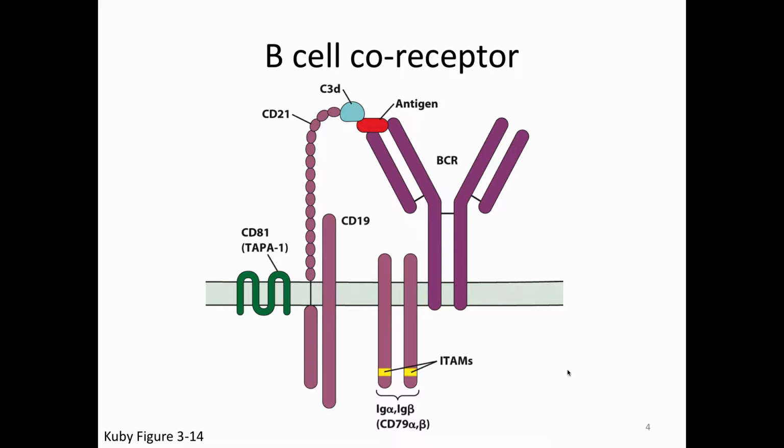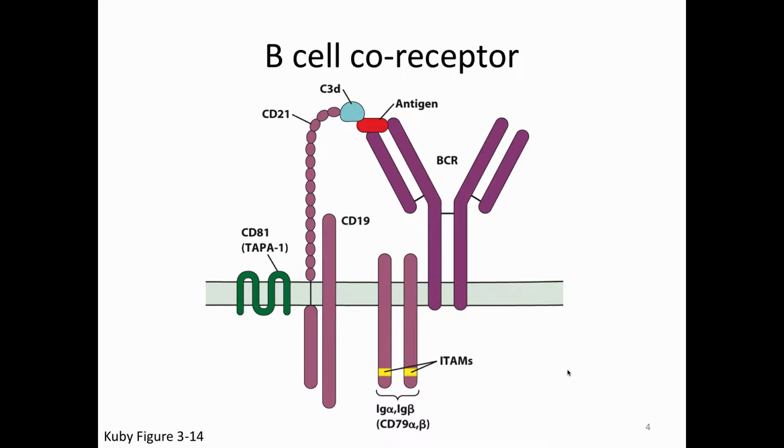We saw how the B cell receptor gets around this by having two partner proteins, Ig alpha and Ig beta, also known as CD79A and CD79B, that have cytoplasmic domains containing ITAMs. Those are regions that can be phosphorylated so that we can start signaling.